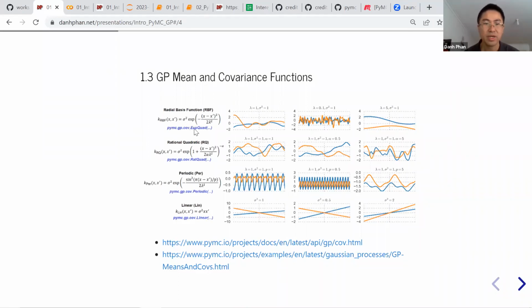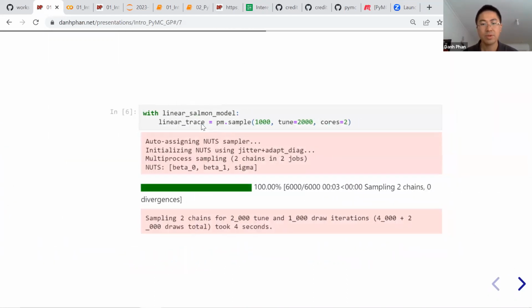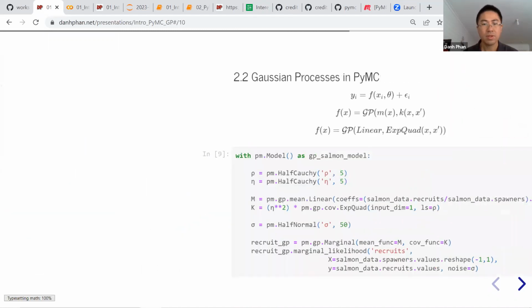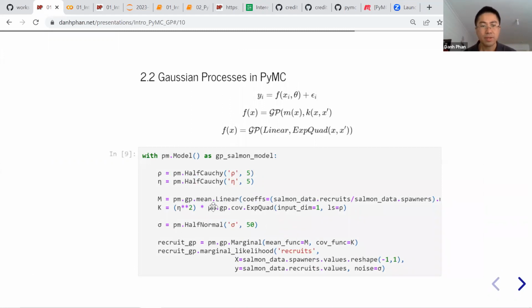One note here is that the exponential quadratic in PyMC is only the exponential part, all right? So if I come back to this one, this is our exponential part, and this one is our eta square on the top, right?